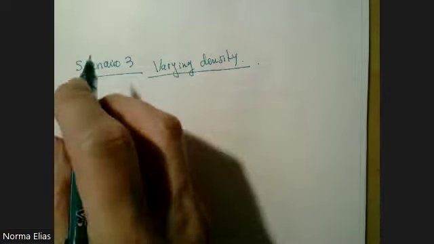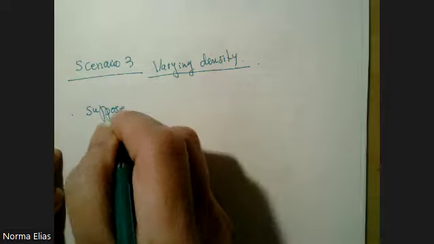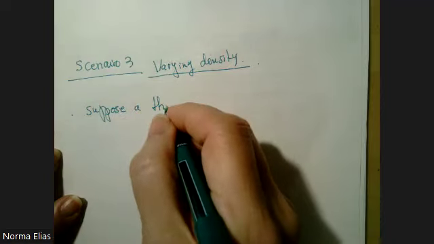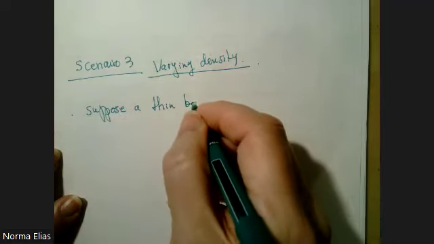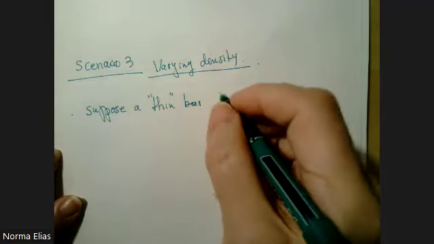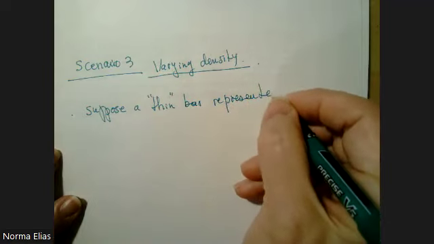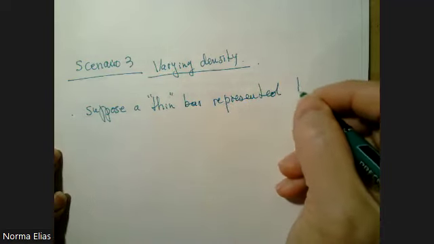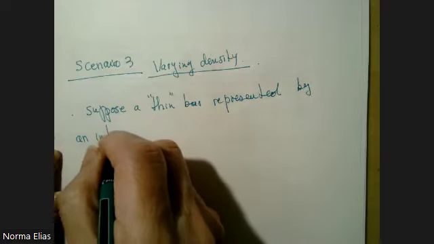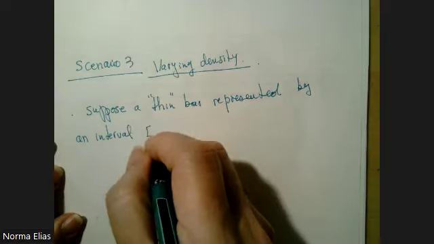So let us say now, suppose we have the following scenario. We have a very thin bar represented by an interval AB, because we want to come up with a formula.